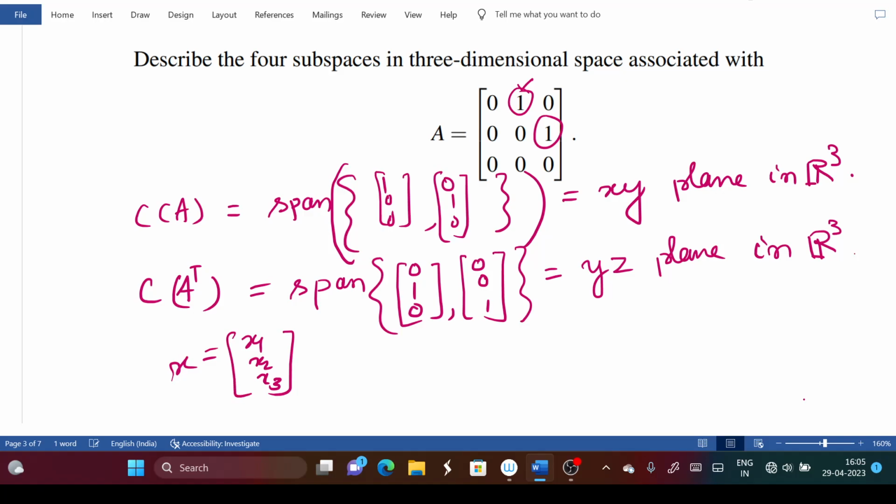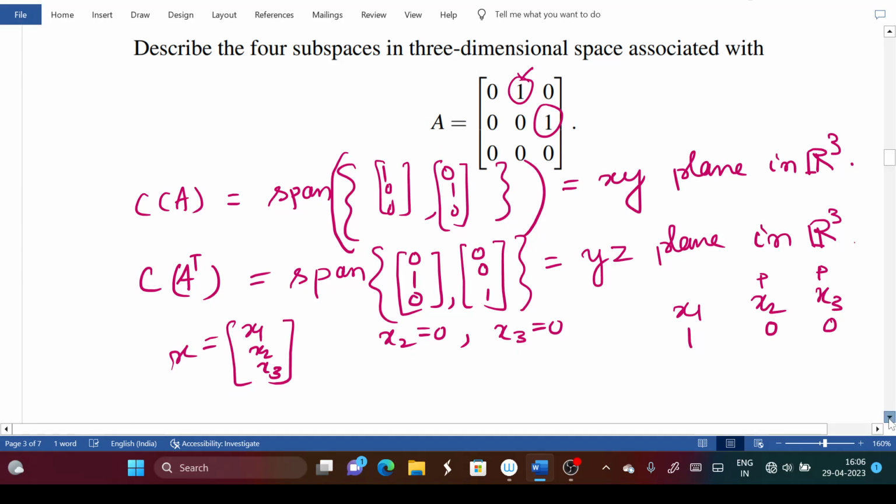For null space, x1 is free, x2 is a pivot, x3 is a pivot, and the equations are x2 is equal to 0, x3 is equal to 0. Already the values are obtained, and x1 is arbitrary, as per my choice I can take. So this is my null space.